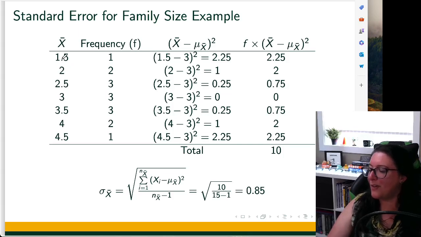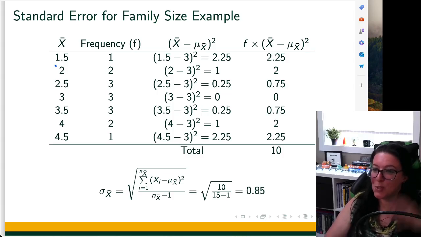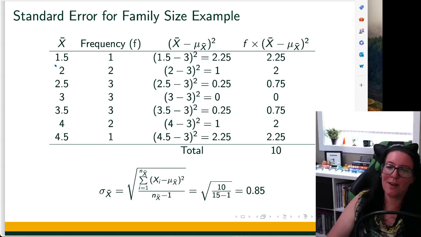Here we have the average, and the mean we found was 3. For standard error, remember it's the number minus the average, so it's a standard deviation measure. So it's x minus mu squared, divided by n minus 1, square root.